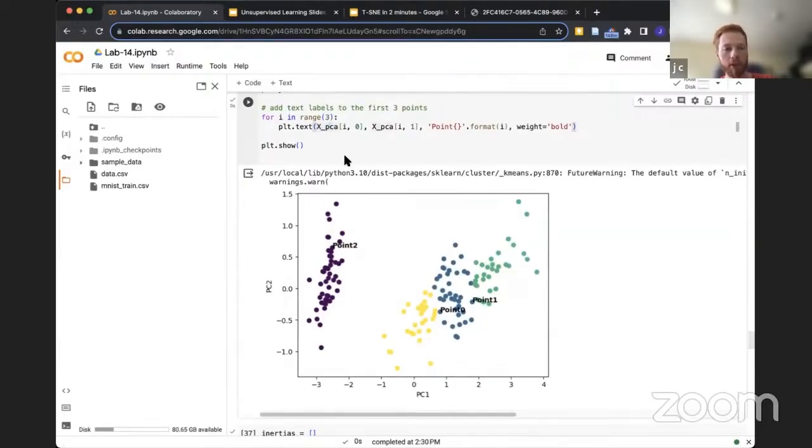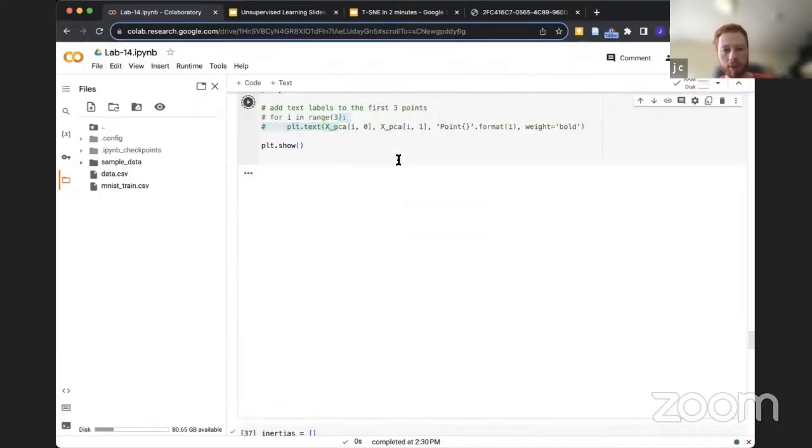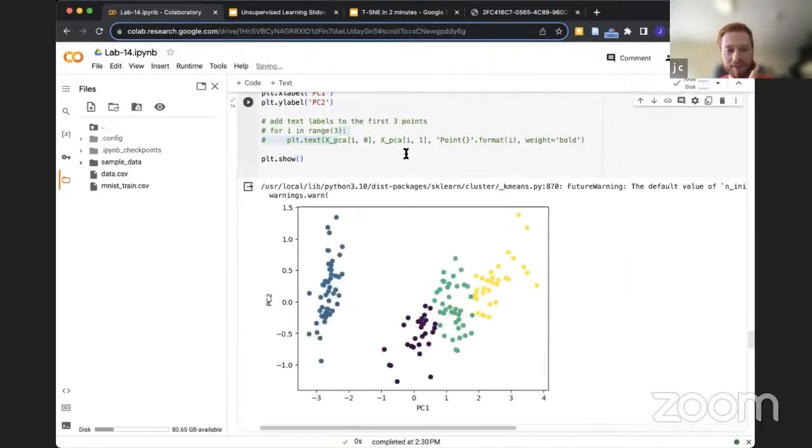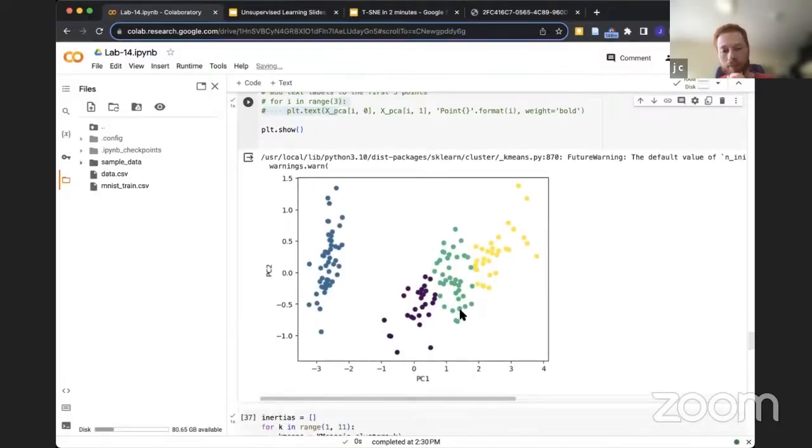Well, by now we can remove the points. I think we're done with these. Okay. Now that we have seen all of 2, 3, and 4, does anyone want to change their number of clusters that make sense?